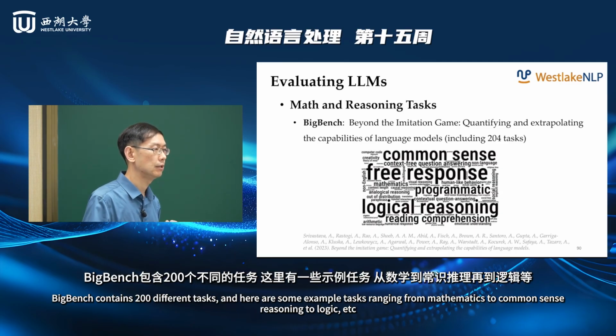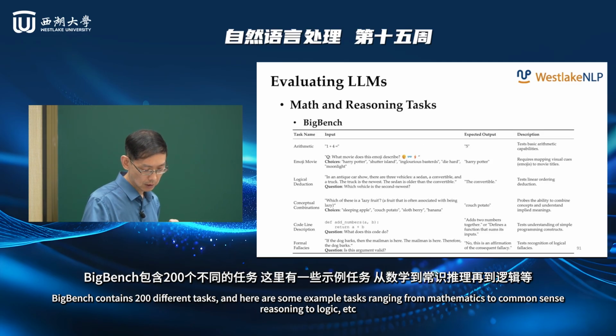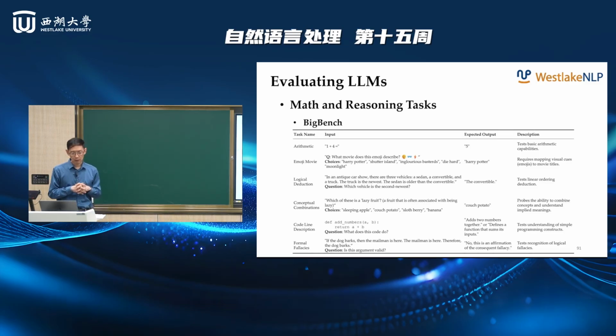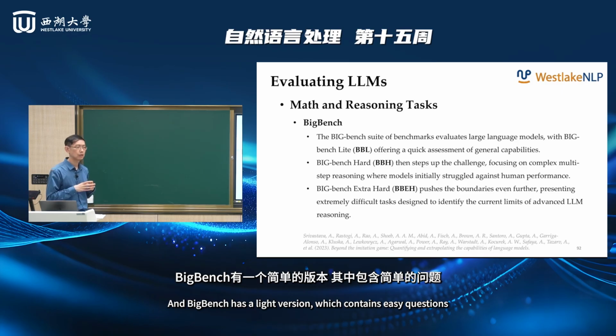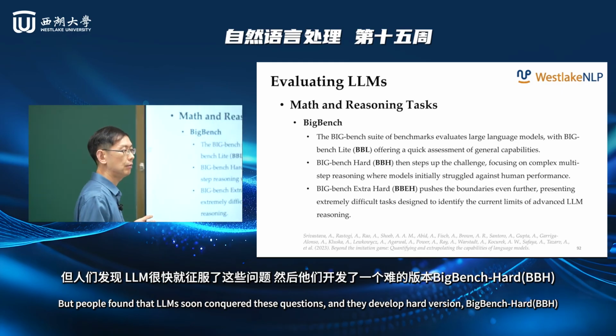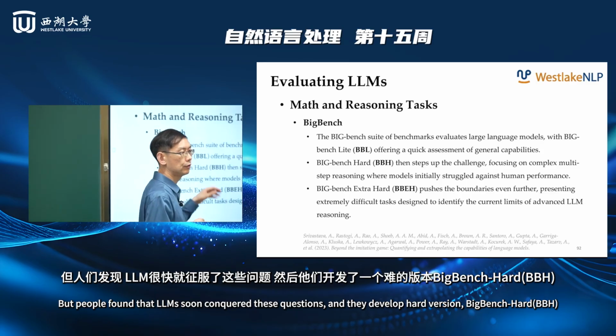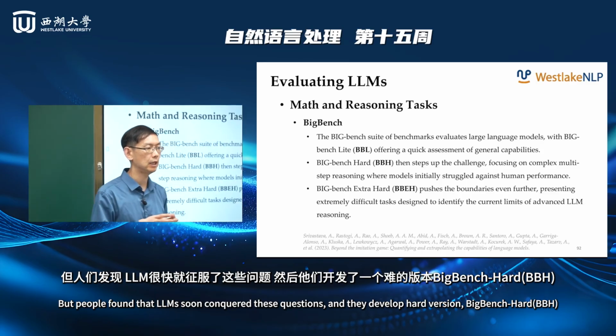Big Bench contains 200 different tasks, ranging from mathematics to common sense reasoning to logic, etc. And Big Bench has a light version which contains easy questions. But people found that LLMs soon conquer these questions, and they developed a hard version, Big Bench Hard, BBH.